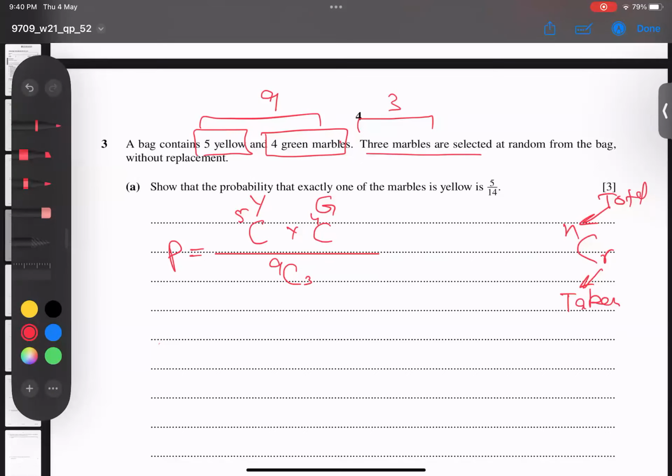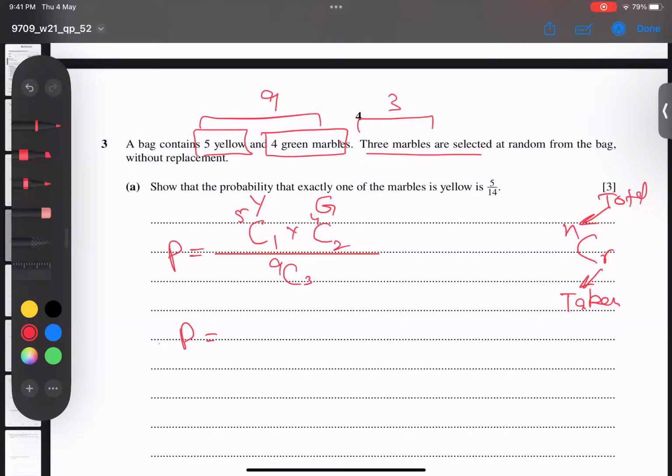We need exactly one marble yellow, so I'm looking for 1 yellow only. And if one yellow is taken, I need 2 more, green. So I'm going to type it in the calculator. 5C1 is definitely 5, so no need to type it, and 4C2 and 9C3.